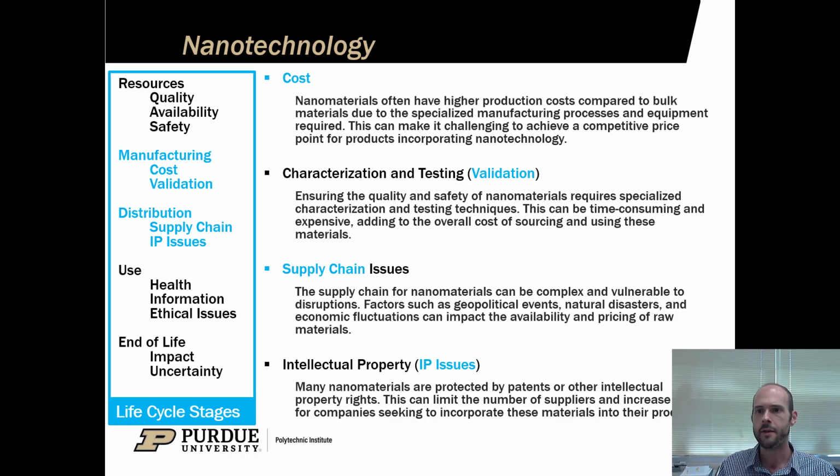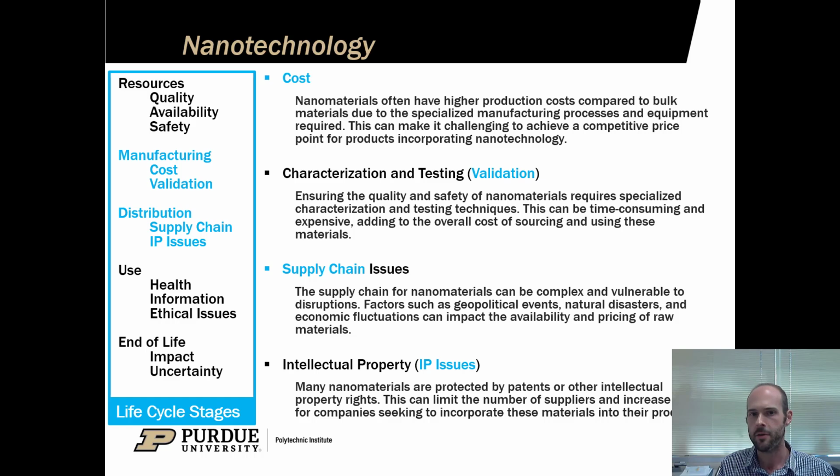The production costs go up because a lot of those purity and consistency concerns are in place. You may have very strict environments where you need to do your manufacturing, so regulating temperature and humidity and surface cleanliness and things like that. Validation of nanomaterials, again, requires a lot of specialized equipment.